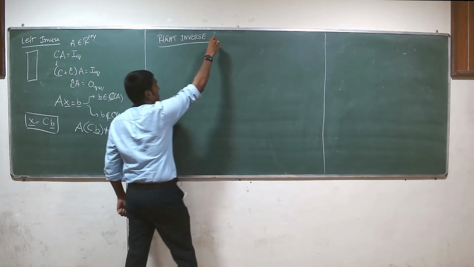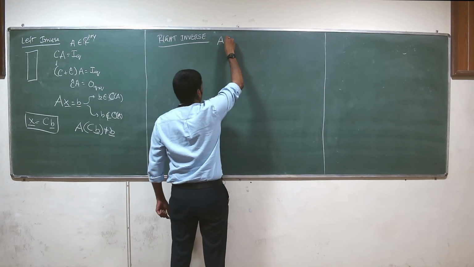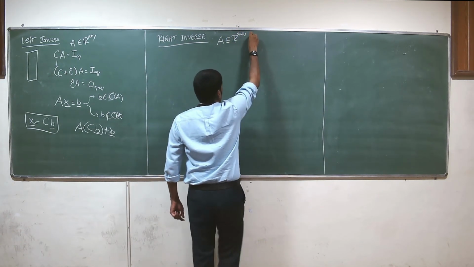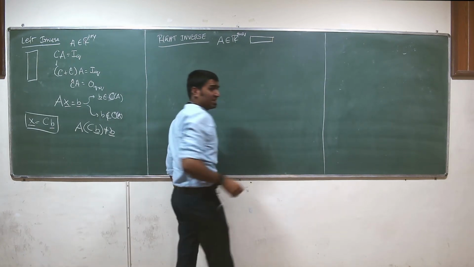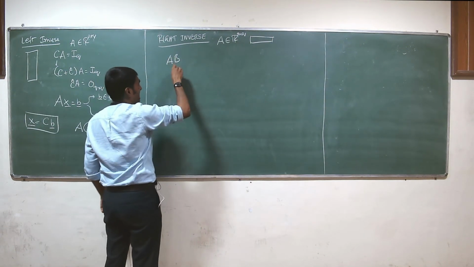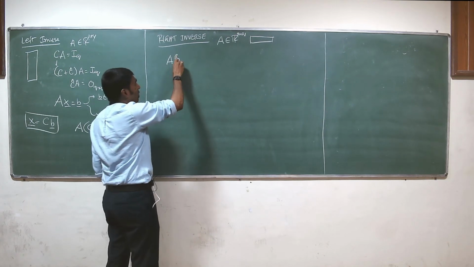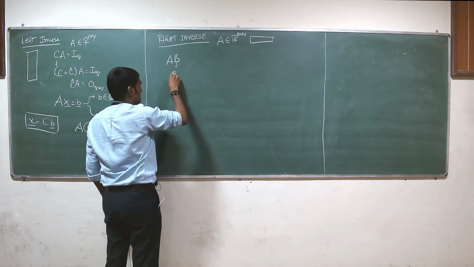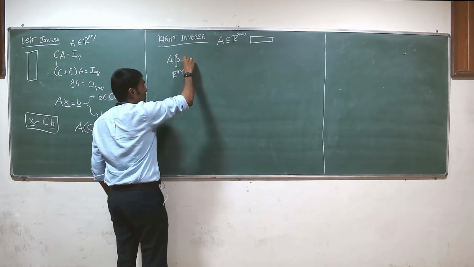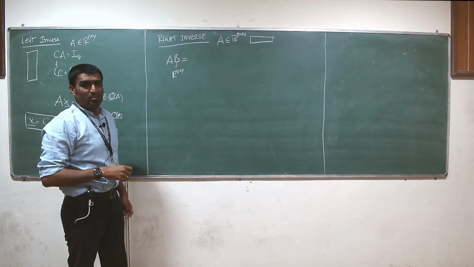Same idea. If you have A that is rectangular and full rank, but this time it's a fat matrix, then you can always find a matrix B of size Q cross P such that this is equal to what now? IP or IQ?